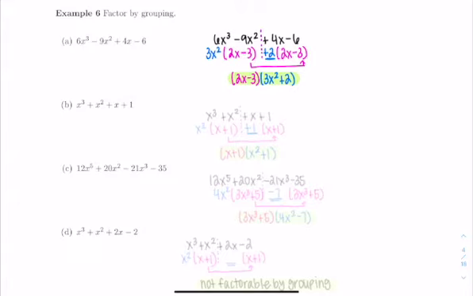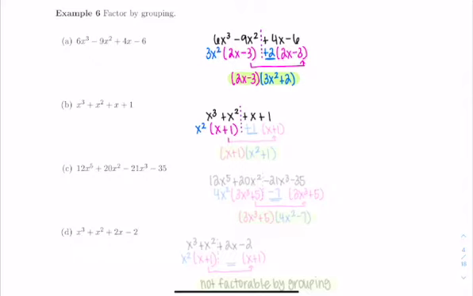Let's try another one. We have x cubed plus x squared plus x plus 1. We're going to split this right down the middle and then look at the first two pieces. What is the GCF? Well, the GCF is going to be x squared, and what I have left over is x plus 1.